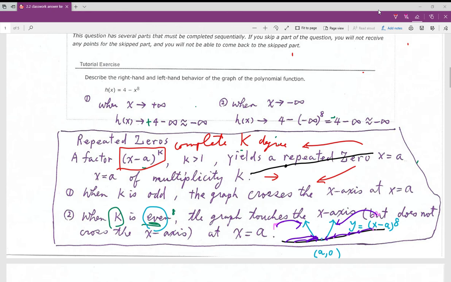Okay, let me change the color. Let me graph it on the grid. If it's odd, then you have one up and one down. All the other x-intercepts merged together. You have only one x-intercept.